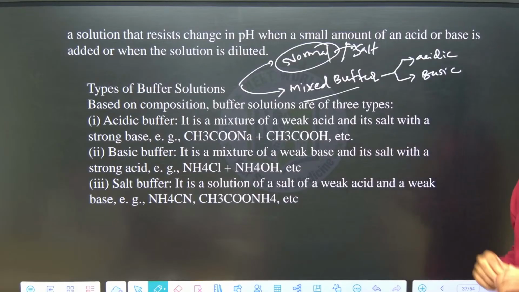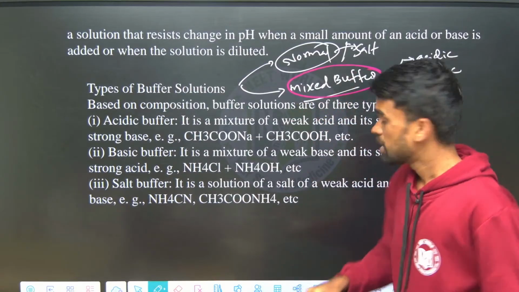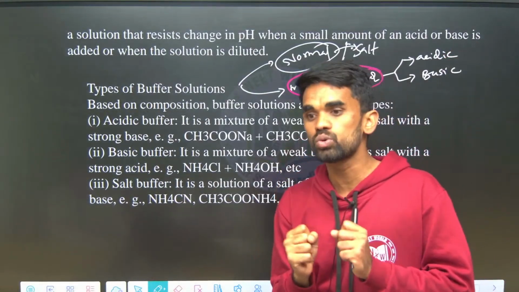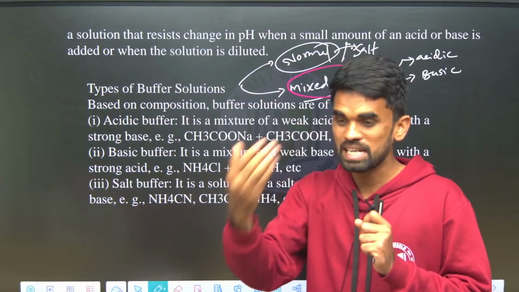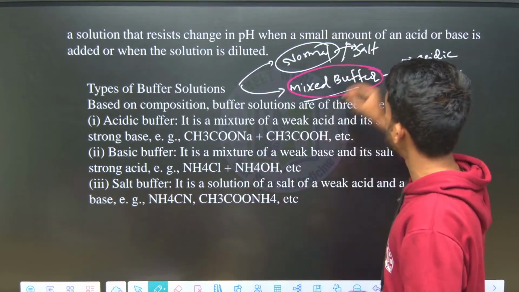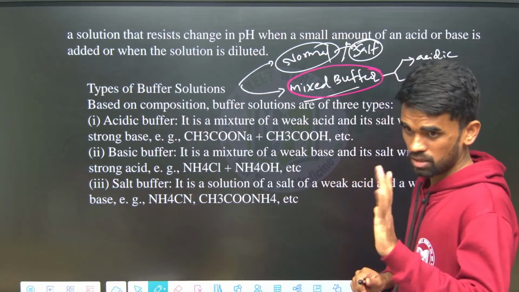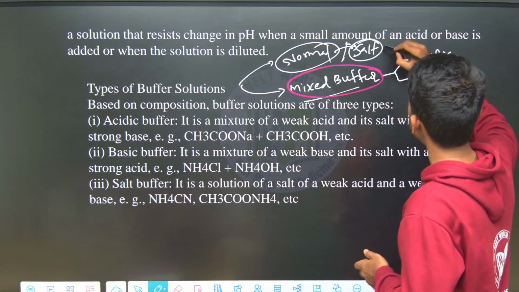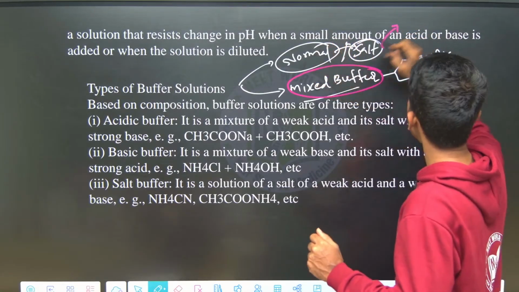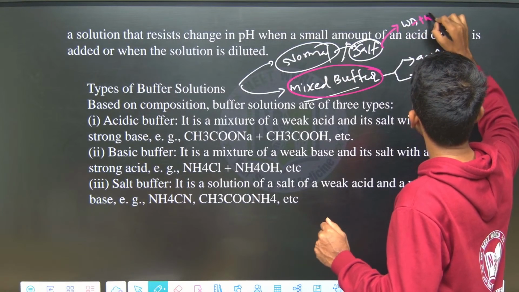See, the name itself says mixed buffer. It means when these buffers are forming, there is a combination of two things. Our resultant solution contains two compounds, a mixture of compounds. But this salt buffer contains only one solution. For example, it is a buffer solution formed by combination of weak acid plus weak base.